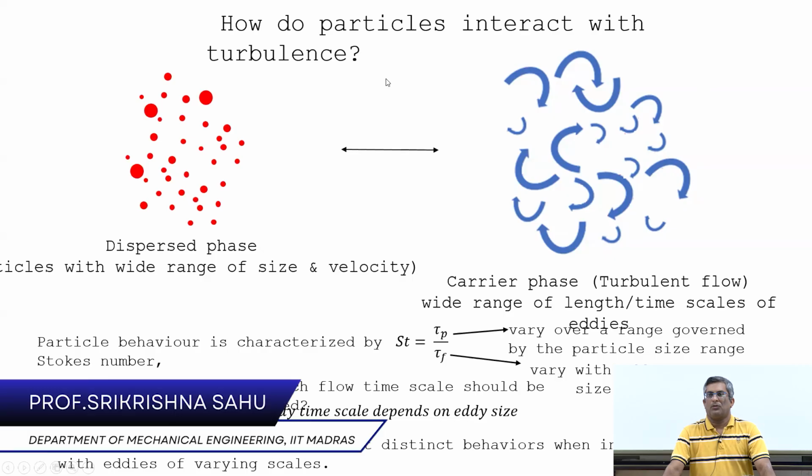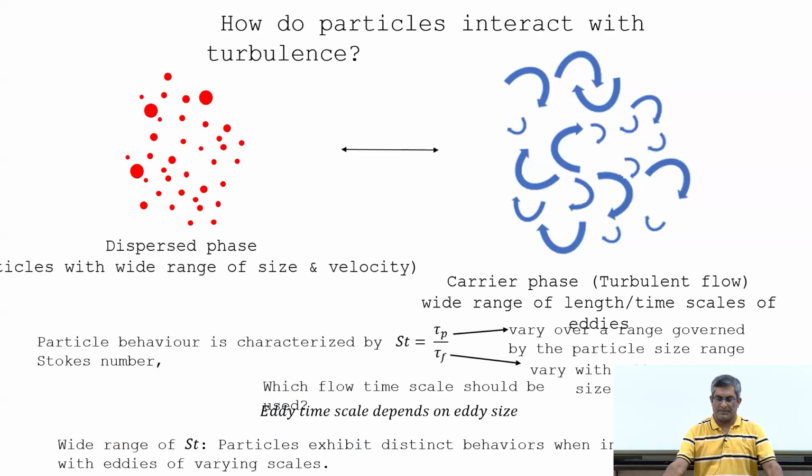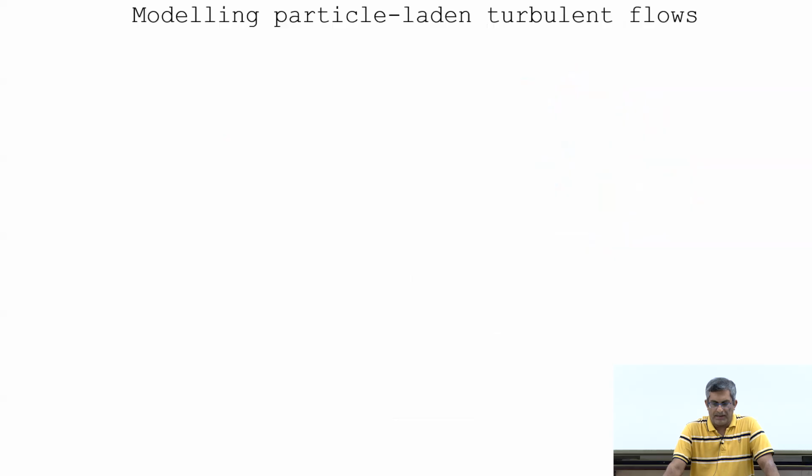Before going to the mechanism of interaction between particles and turbulence, let's discuss first the modeling approaches in particle-laden turbulent flows. So, if you see the chronology, first we discussed the transport equations for single particles.